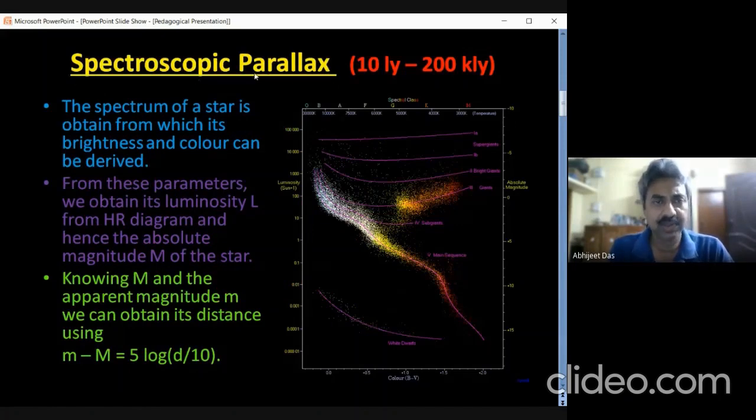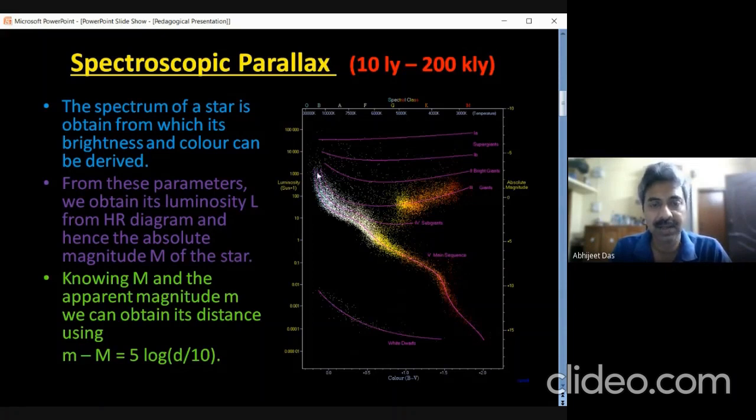Now, for distant stars, the spectroscopic parallax method is used, and in this, the Hertzsprung-Russell diagram is applied. The Hertzsprung-Russell diagram is basically a plot of stars where you plot luminosity of the stars against the color index. Here we find a strip, more or less diagonal, where most of the stars are placed, and this is called the main sequence.